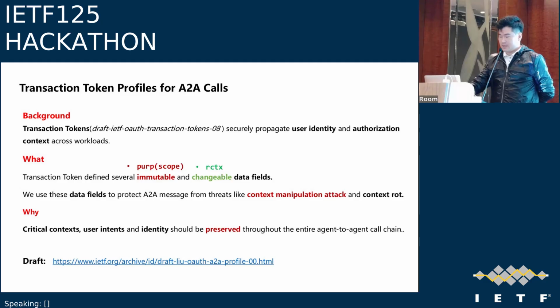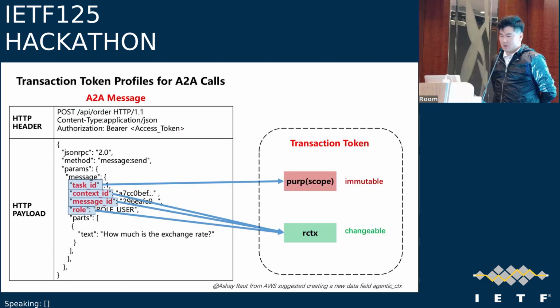So what we do is map the A2A message critical information, such as task ID and the original user prompt input, into the immutable data field defined in the transaction token document. This is supposed to be immutable, and this can prevent new attacks such as prompt injection, intent manipulation and context rot.